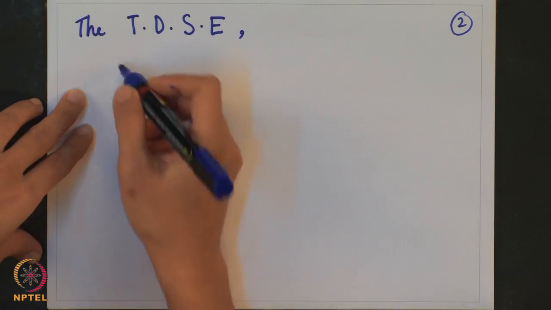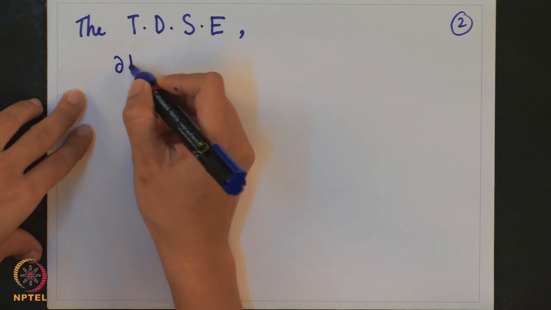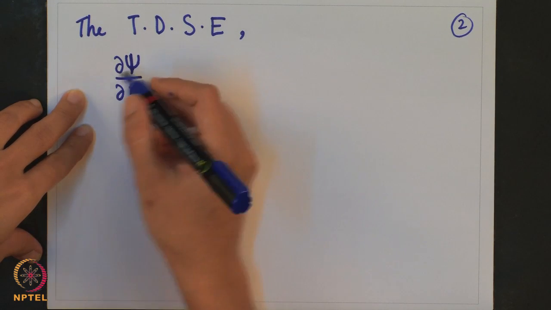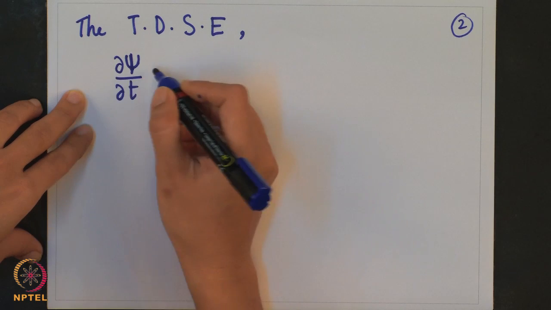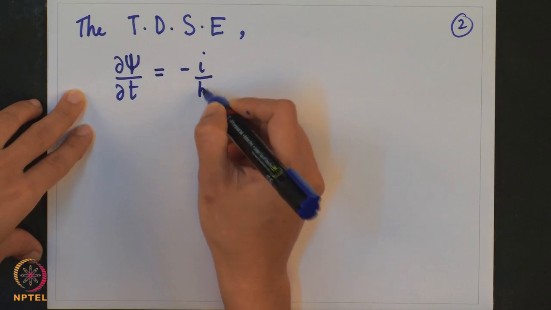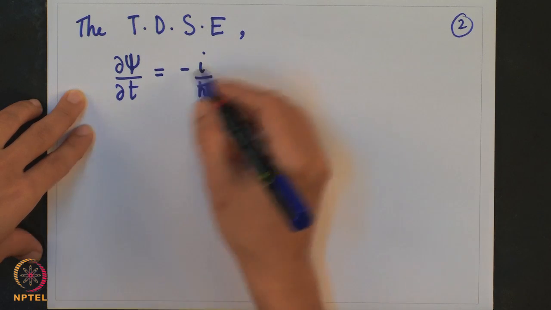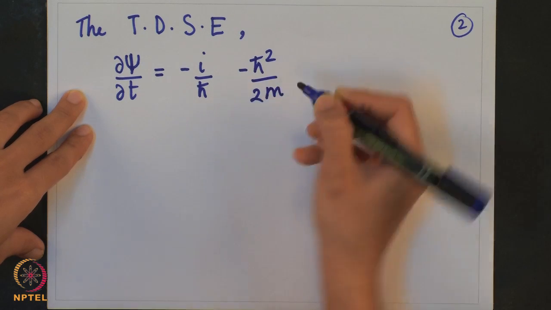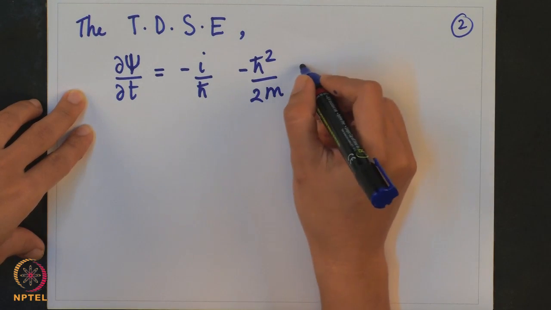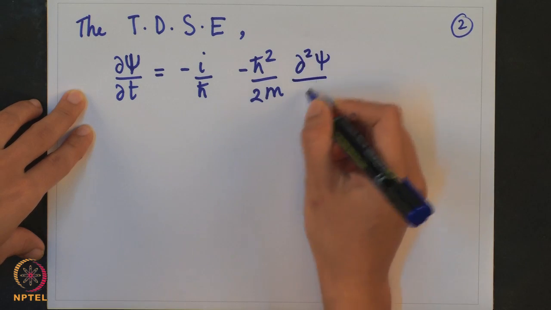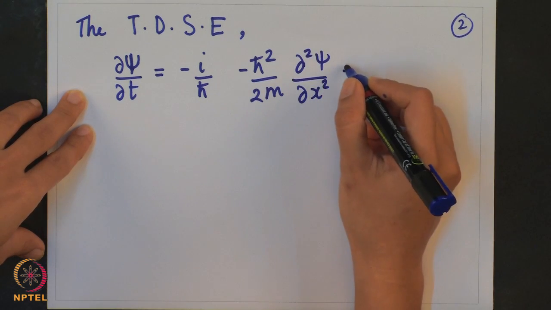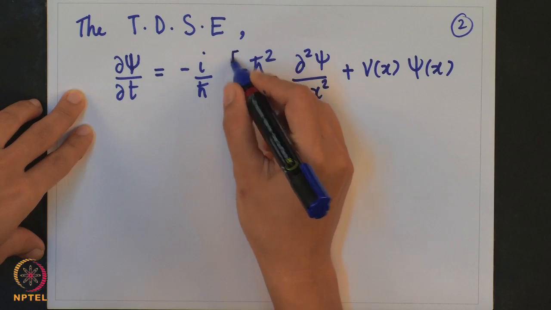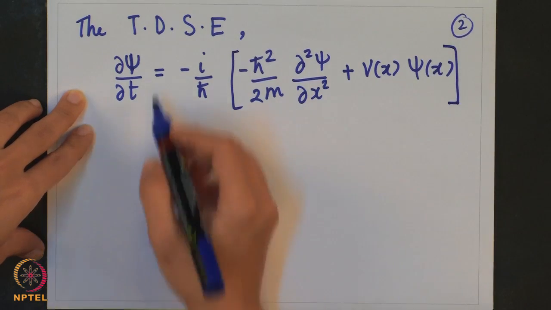The time dependent Schrodinger equation will be: the energy operator, which comes with i h cross, which I will take on the right, so i h cross dou psi by dou t equals minus h cross square upon 2m d square psi by dx square plus V of x psi of x. So, this is my time dependent Schrodinger equation.